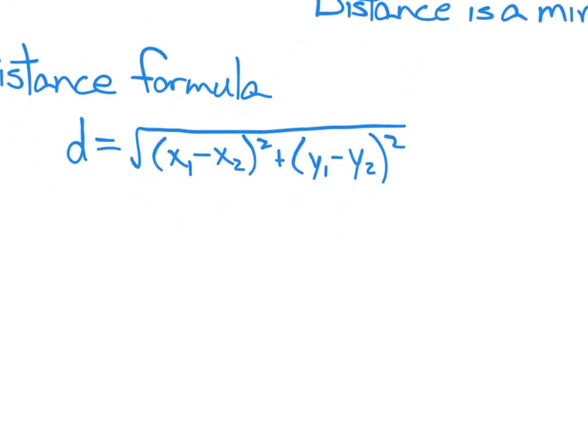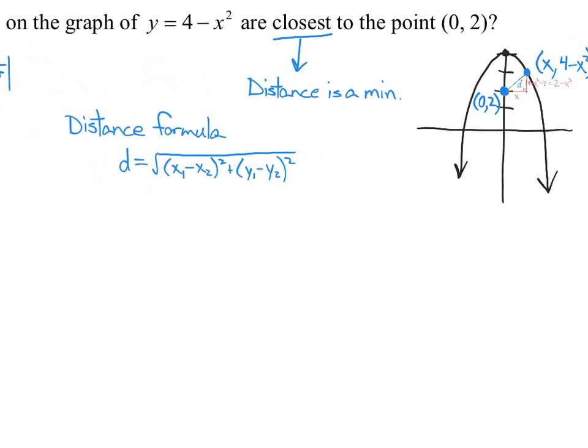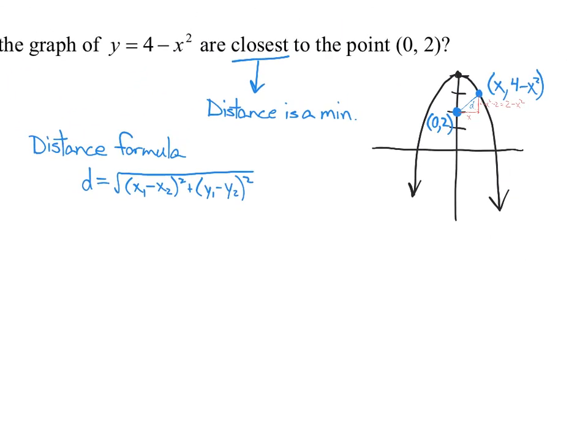So our distance now we could rewrite as d equals the square root of x squared plus (2 minus x squared) squared. And now d is actually a function of x.